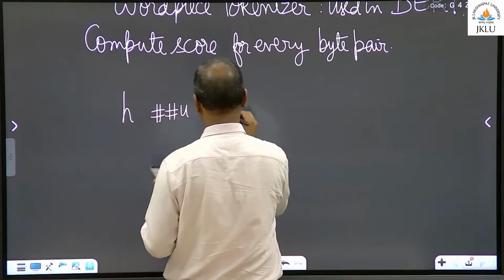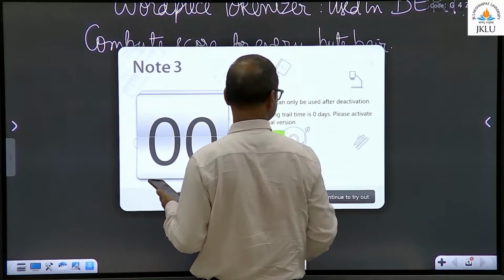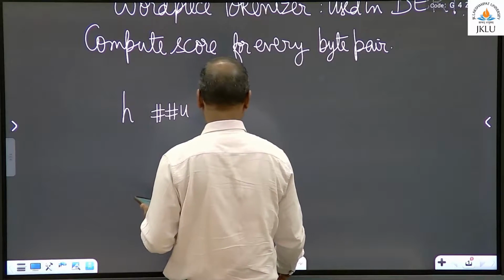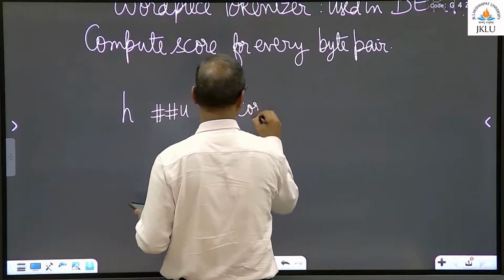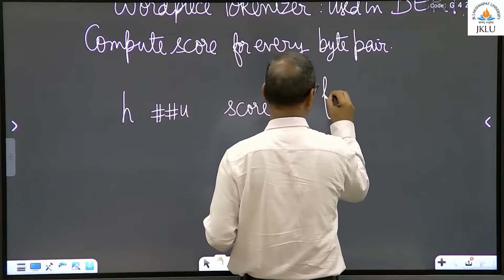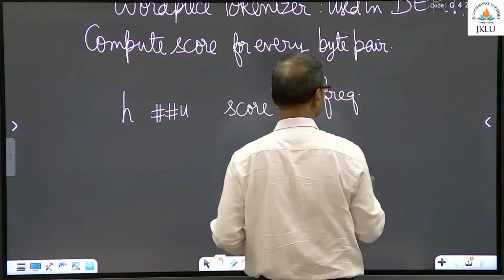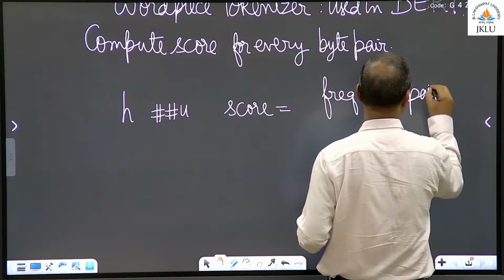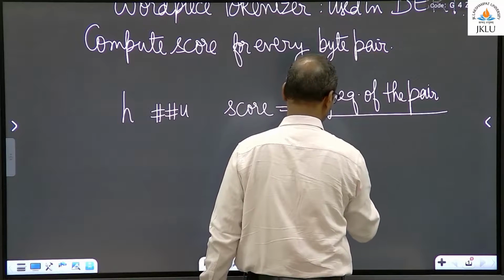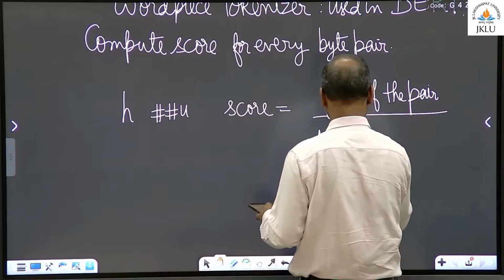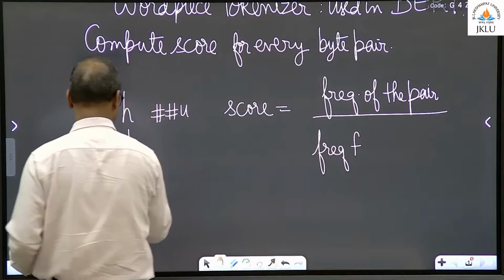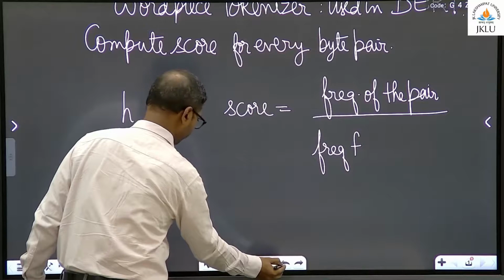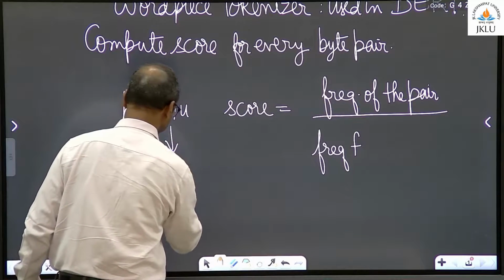If these are the two byte pairs you are talking about, then the score will be given by frequency of the pair divided by frequency of first, let me call this in general F1, F2.